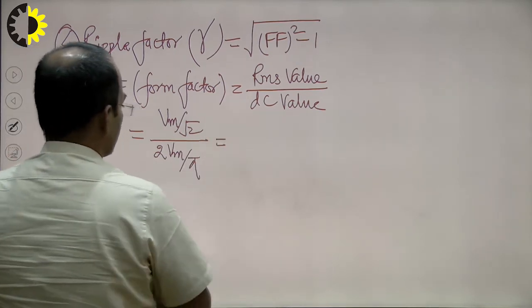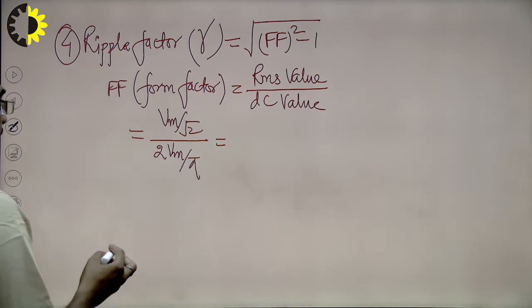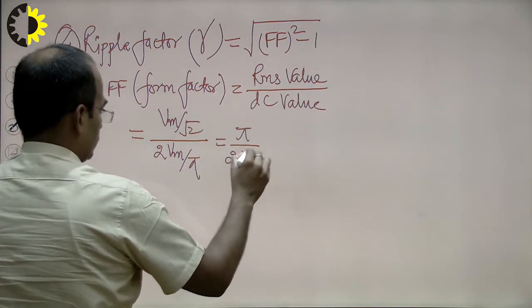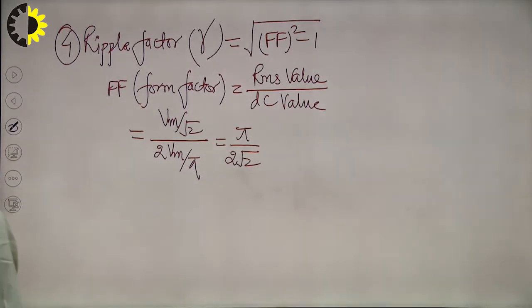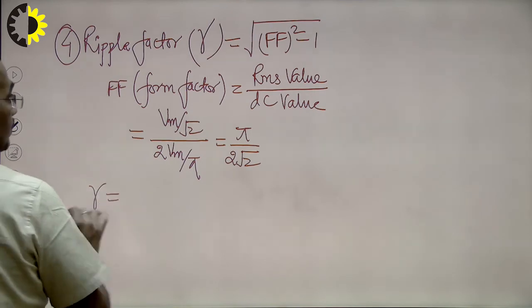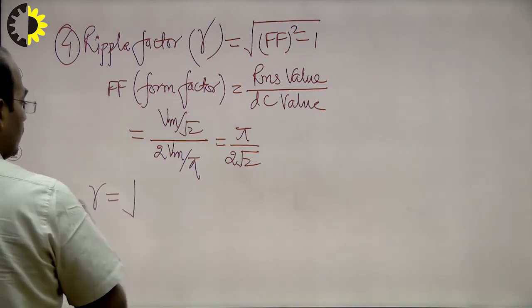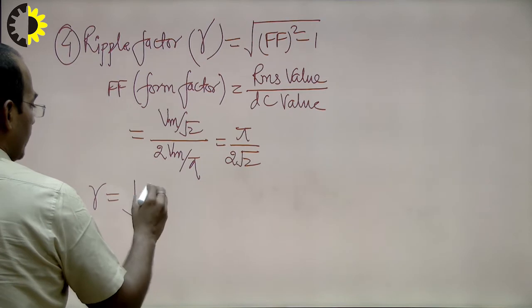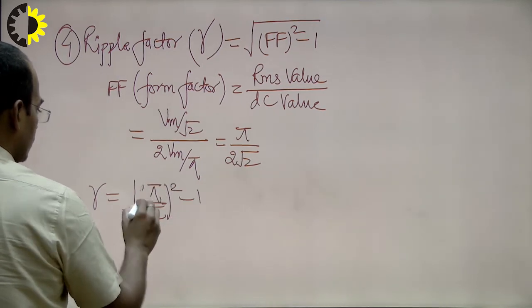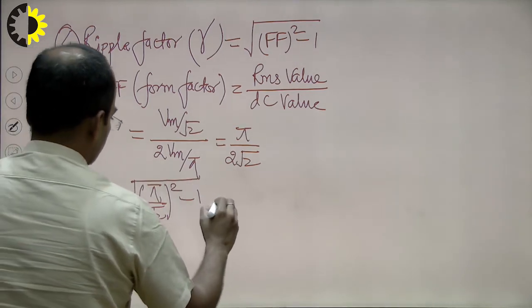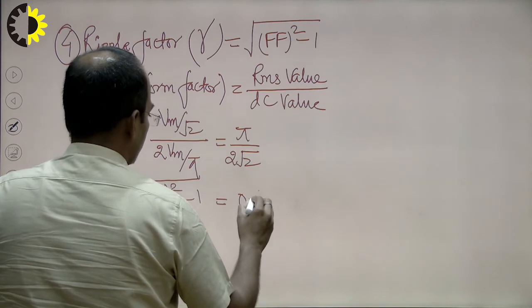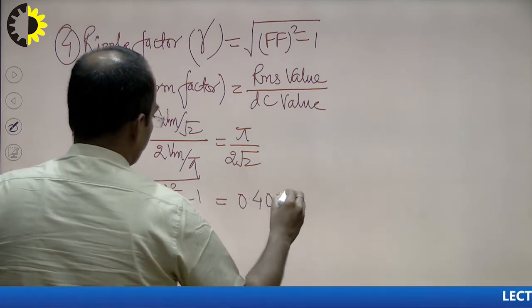So here I will get pi by 2 under root 2. By putting this value, under root of (pi by 2 under root 2) square minus 1, I will get 0.405.